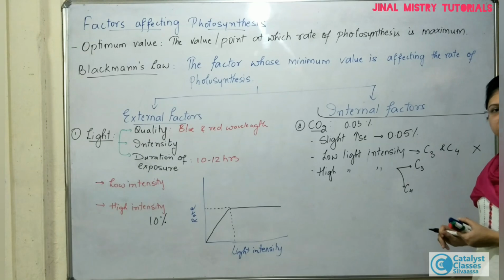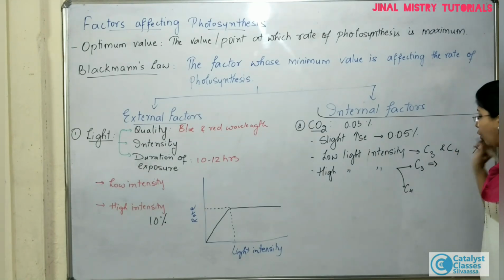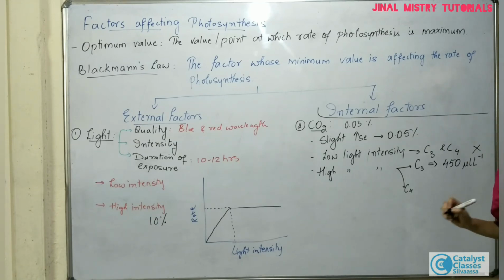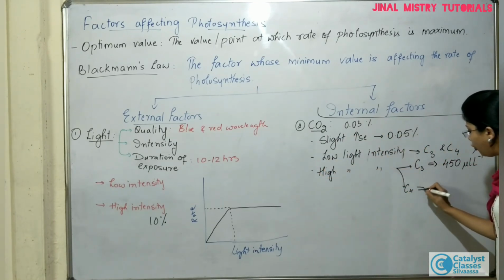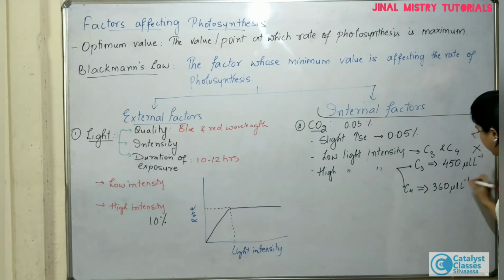At higher light intensities, C3 plants respond with a carbon dioxide saturation level at 450 microliters per liter. The saturation point for C3 plants will be 450 microliters per liter at higher light intensities, and for C4 plants it will be 360 microliters per liter.